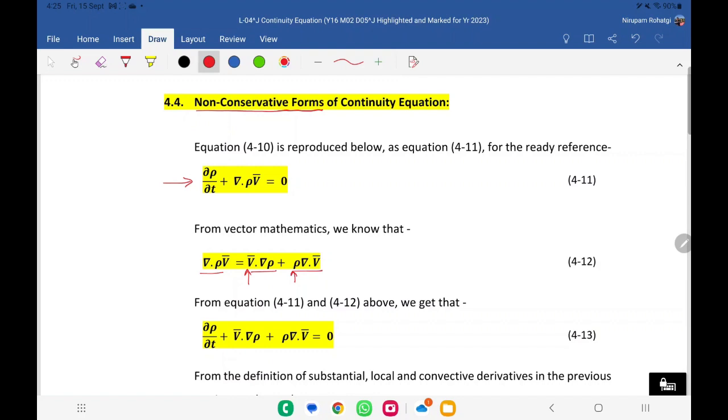Here you can prove this mathematically, because actually there are three terms here. If you want to write it, this is del by del x of rho u, comma, del by del y of rho v, comma, del by del z of rho w.